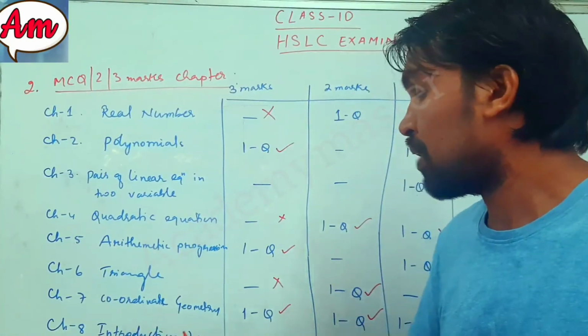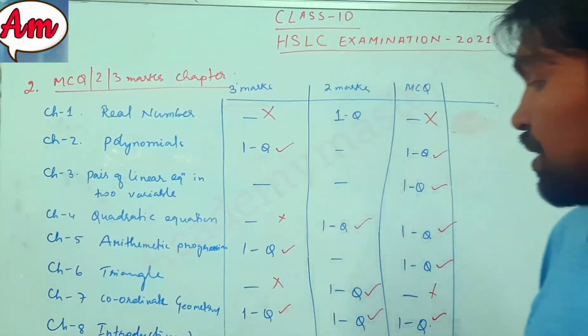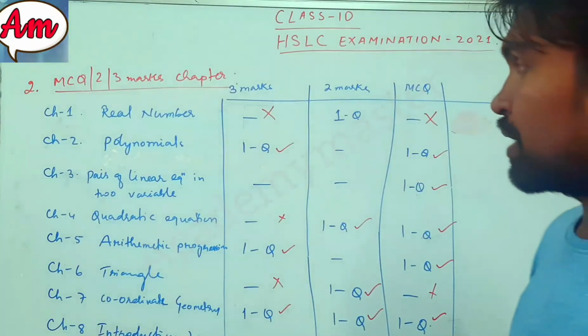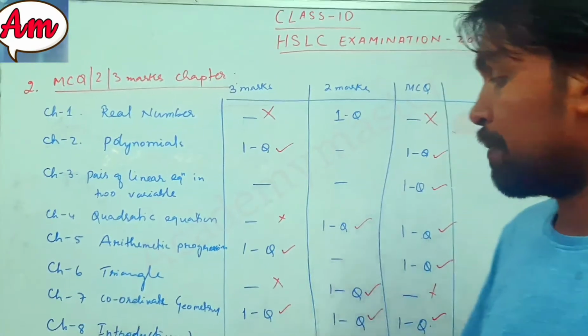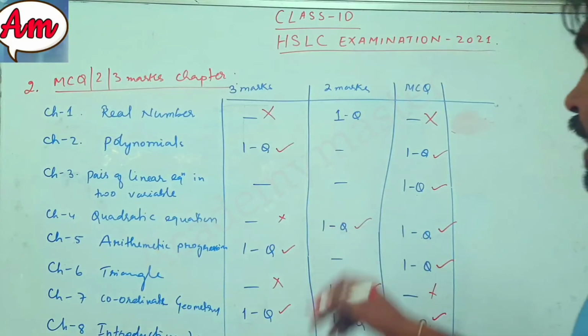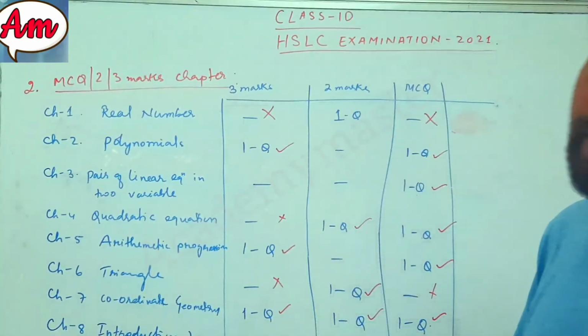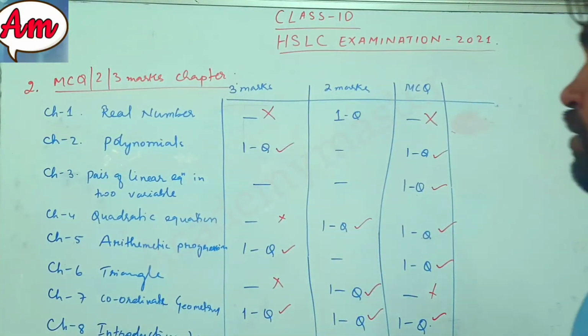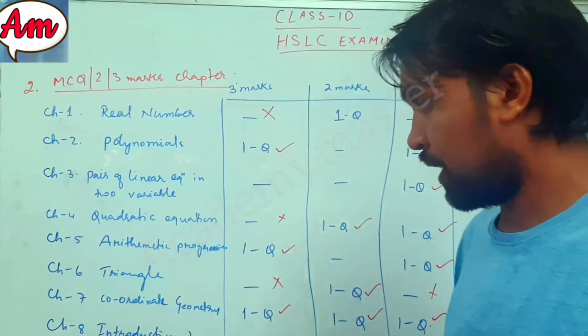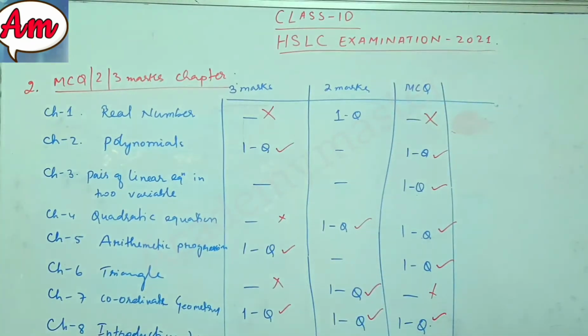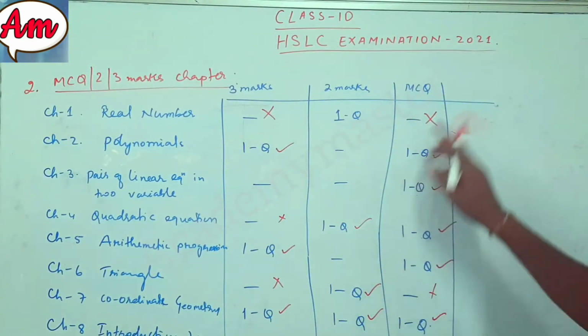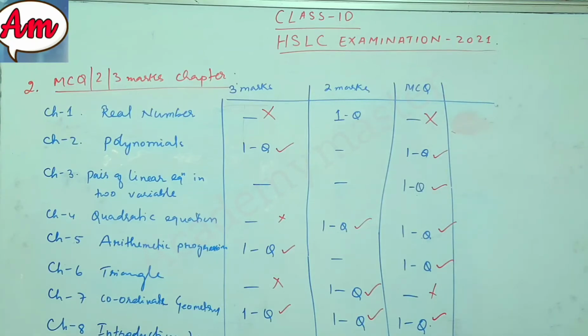Introduction to trigonometry. Dear students, in this chapter number 8 you will have 2 3-mark questions. Got it? There will be no 2-mark questions, and an MCQ will be coming from this chapter.